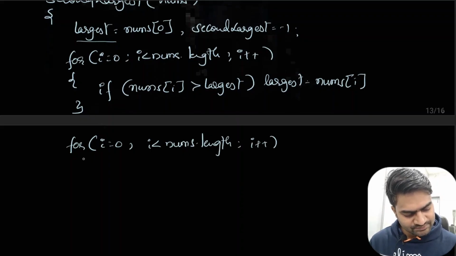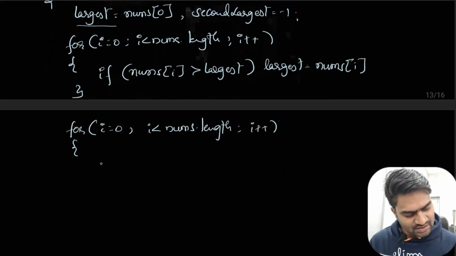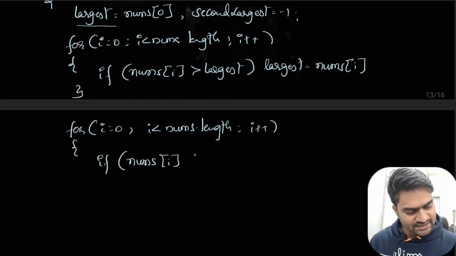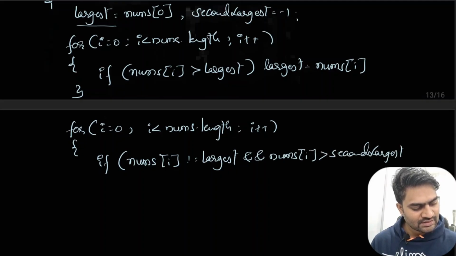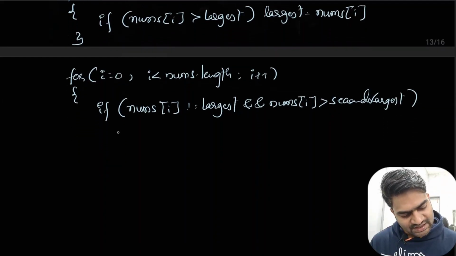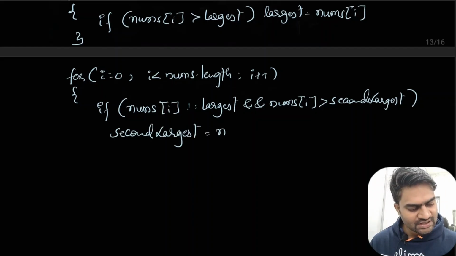Now if nums of i is not equal to largest, and nums of i is greater than second largest, then second largest will be my nums of i.